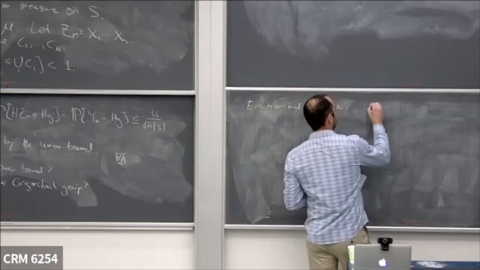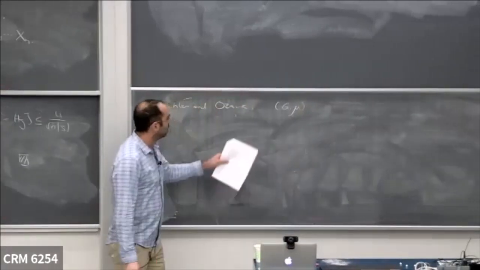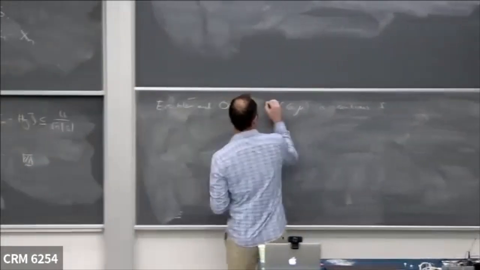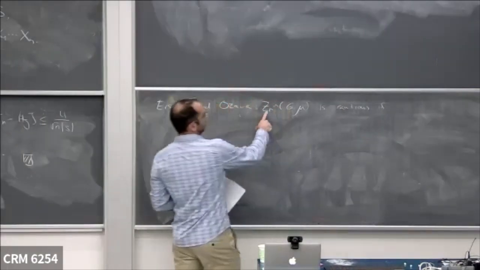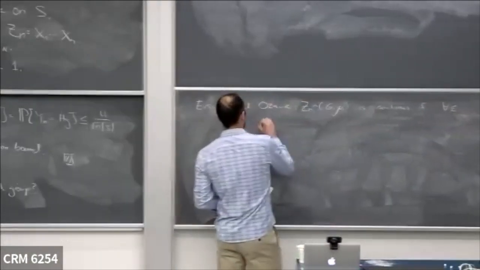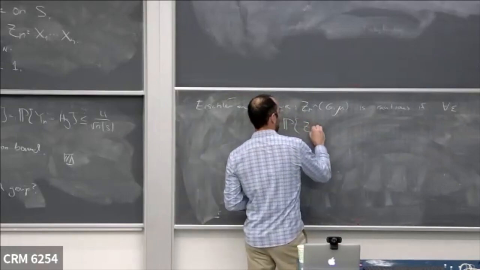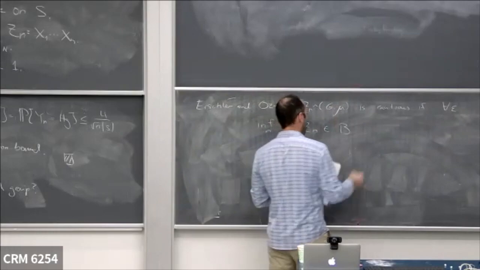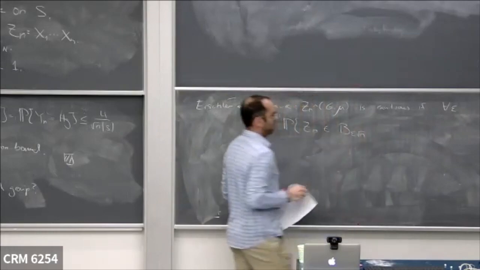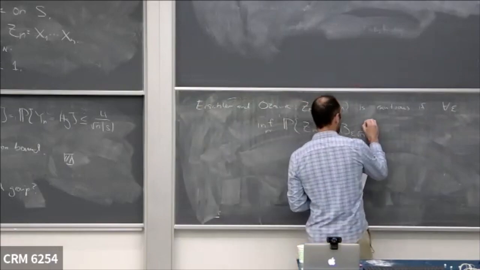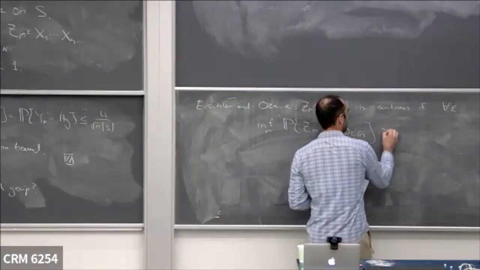I'm going to say that the measure group (G, mu), the mu random walk on G, is cautious if, for the random walk Z_n, for all epsilon, the infimum over all times n of the probability that the random walk at time n is in the ball of radius epsilon root n is greater than 0.